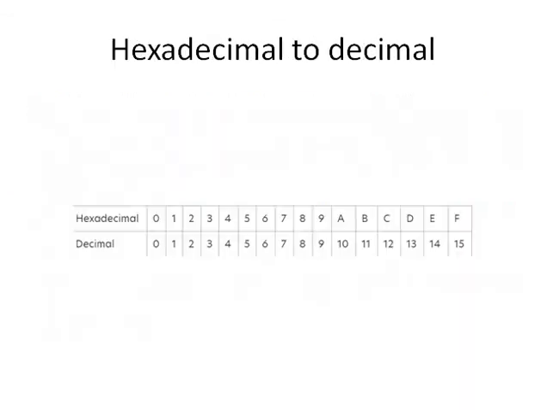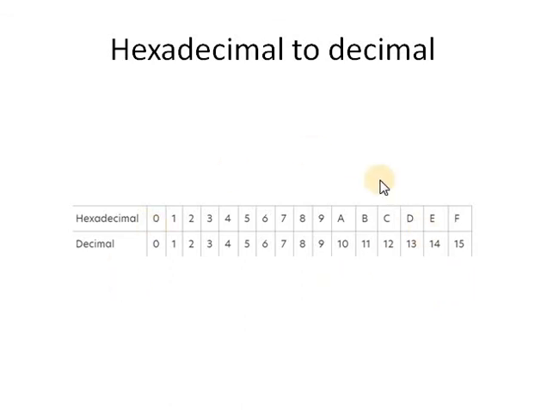Now we will see how to convert hexadecimal to decimal. Before that, see here: hexadecimal value 0 is 0, similarly up to 9, 9 is 9. But see here, the hexadecimal value A has decimal value 10, B is 11, C is 12, D is 13, E is 14 and F is 15.